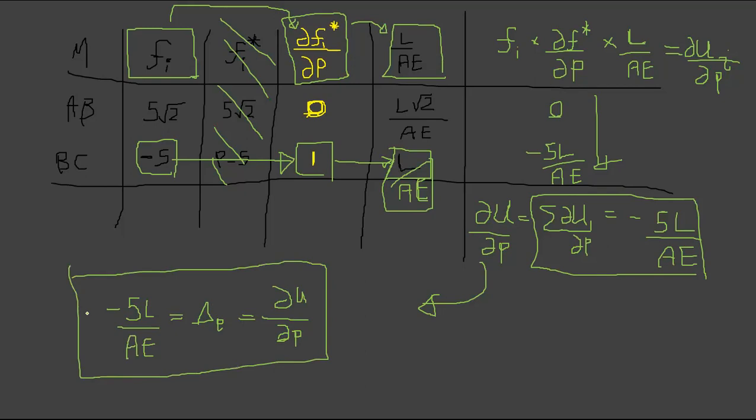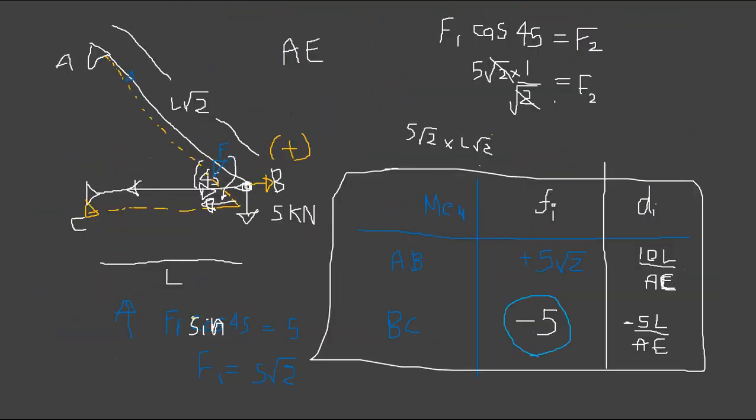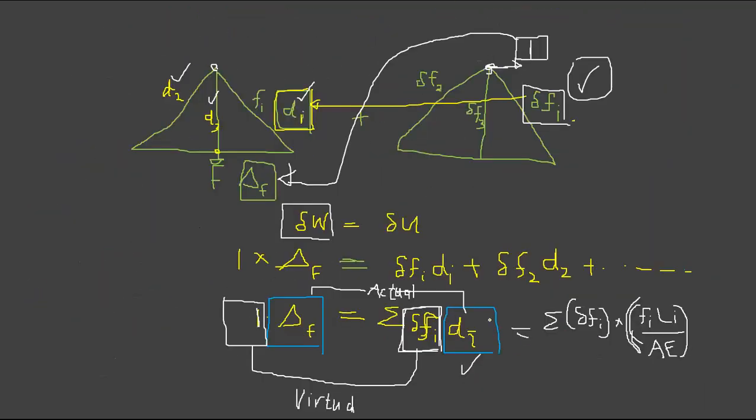So you can see it gives the same answer, right? So understand the fundamentals. What's done in the virtual work method: you apply a unit force separately and multiply the unit member virtual forces by the original displacement in those members, and that's the strain energy stored, and you equate it with the external work done.